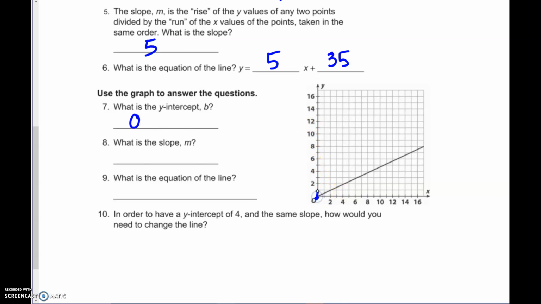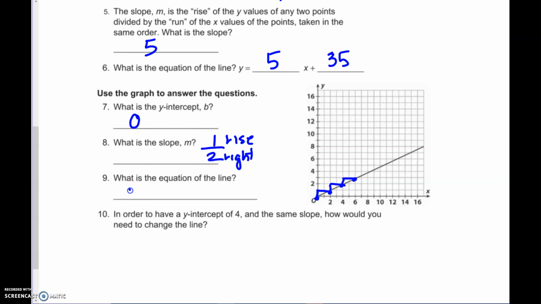So I go up 1 over 2. Remember, we always write it as a ratio, and we're going to rise 1, and we're going to go right 2. So if I go up 1, right 2, up 1, right 2, I end up with a point on that line.